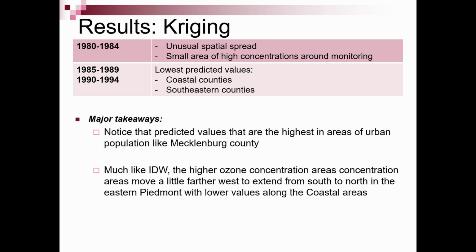This is one of the ones where the predicted values are the highest in areas with a high urban population, like Mecklenburg County, the Raleigh-Durham area. And then much like IDW, the higher ozone concentration areas move a little farther west to extend from south to north in the eastern Piedmont with lower values along the coastal areas.